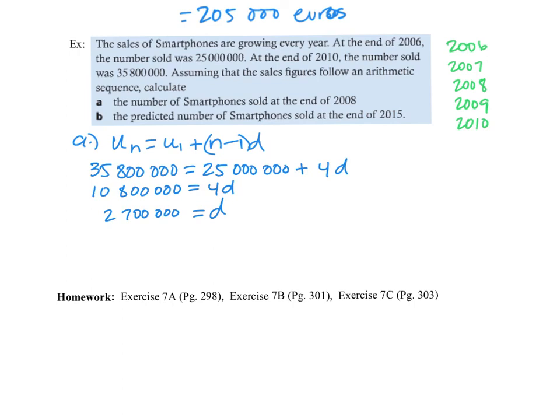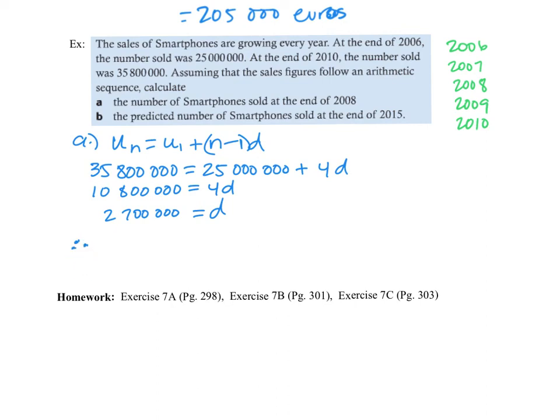Okay, so now that we know the common difference and we know the first term, we can find the number of smartphones sold at the end of 2008. So remember, 2006 is our first term, 2007 is the second term, and at the end of 2008, that's the third term. By the way, these 3 dots here mean therefore.